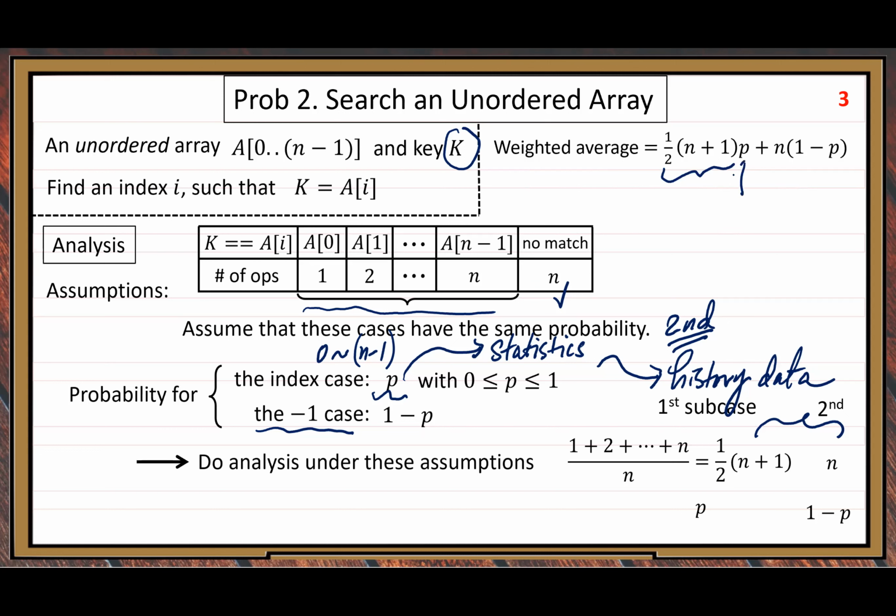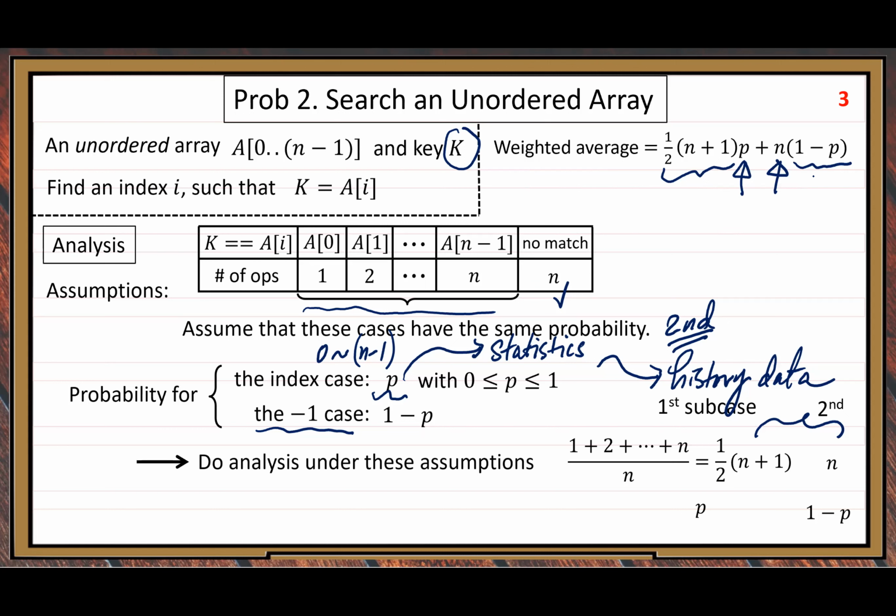Its corresponding probability P we use as the weight for the first case. Then for the second subcase, its average number is n, and its weight is 1 minus P, its corresponding probability.